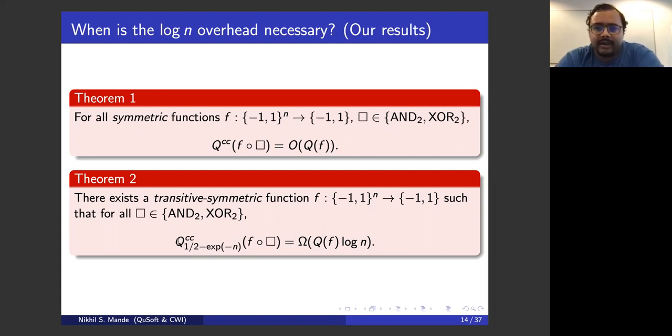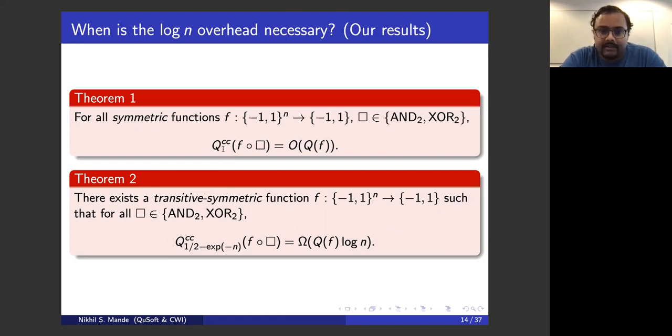So maybe let me spend a little more time. Let's say you were to construct a quantum communication protocol for some function. There's a trivial protocol of communication cost 0, but error probability half. Just toss a random coin and output what you see. And in this model, you're just requiring the correctness to be strictly greater than half. You don't need it to be bounded away from half.